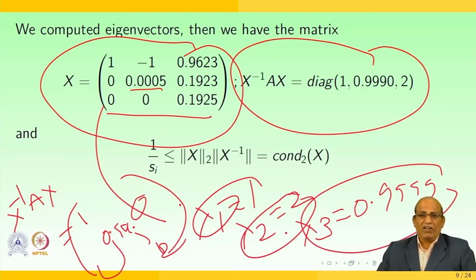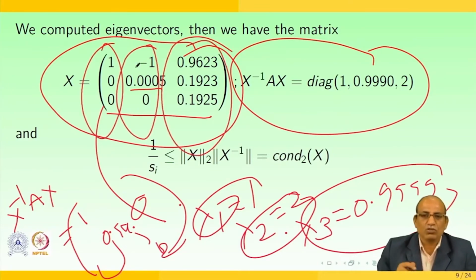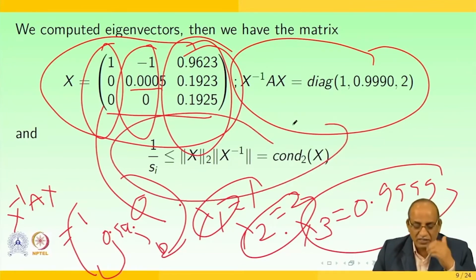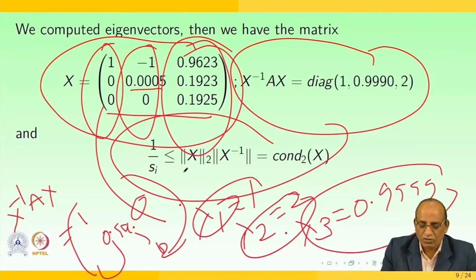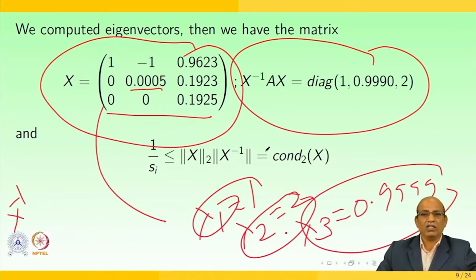The computed eigenvalues correspond to one value in this column, the second value in this column, the third value in this column. So the system will become a very sensitive system. We should be able to check that 1 by s_i is less than or equal to the 2-norm of x times the 2-norm of x inverse, which is the condition number of x. That way we can define the condition number.